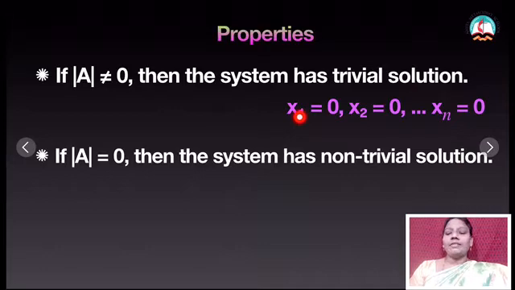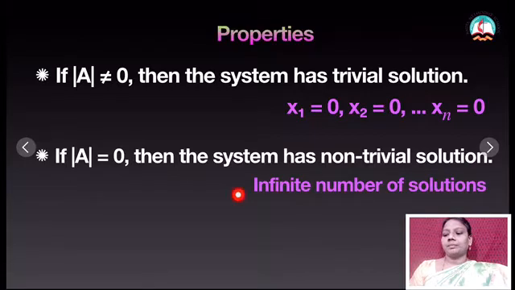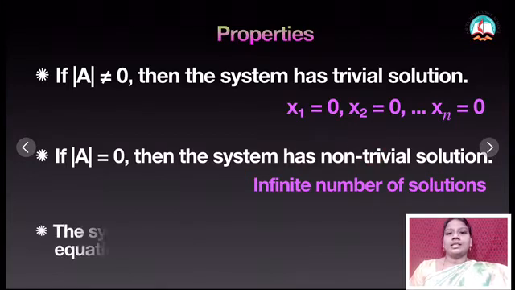If at least one variable is not equal to 0, then we call it a non-trivial solution. Okay, that is an infinite number of solutions. My x1 may get so many values, x2 may get so many values, x3 may be equal to 0, it is not a condition. So I may get more than one answer. That is also called a non-trivial solution.